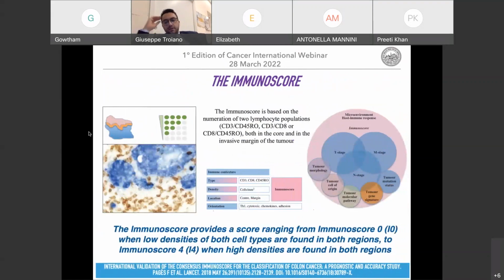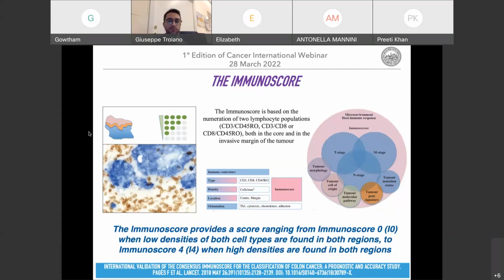Another very interesting parameter is related to the immune system, how the immune system of the patient can respond to and fight against the cancer cells. We know for colorectal cancer the immunoscore, a score ranging from 0 to 4 based on the different types of immune cell and lymphocyte populations present in the tumor sample, in the histological sample, has already been adopted in clinical practice.